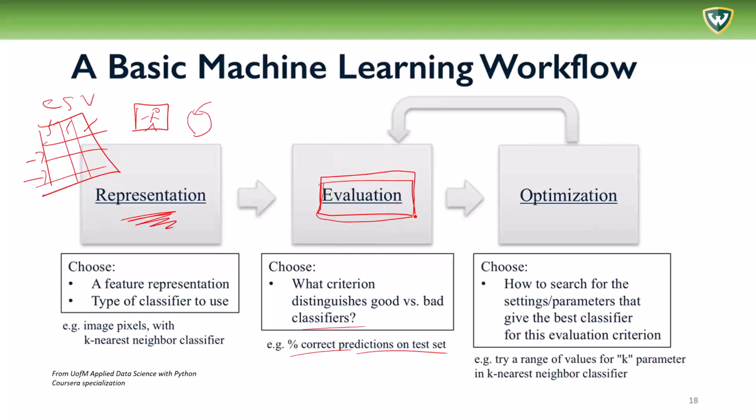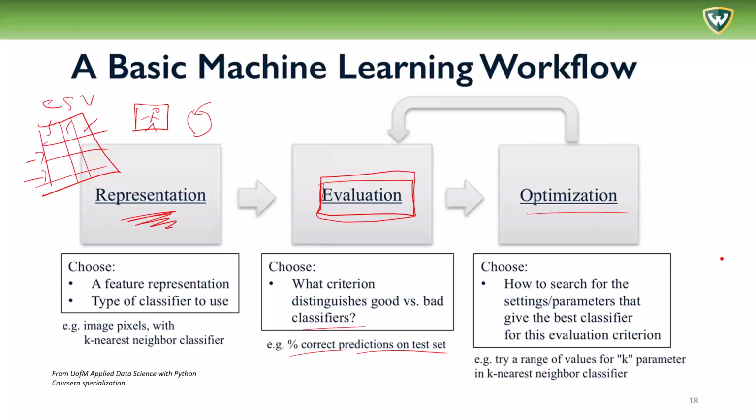And then after you evaluate the model, there's a set of optimization activities, optimization questions. So maybe the first go at it, the evaluation wasn't very good. For example, if we're using the k nearest neighbor classifier, we need to determine the k parameter, which is how many other data points we're going to consider in the model to make a prediction. Maybe we need to change it.